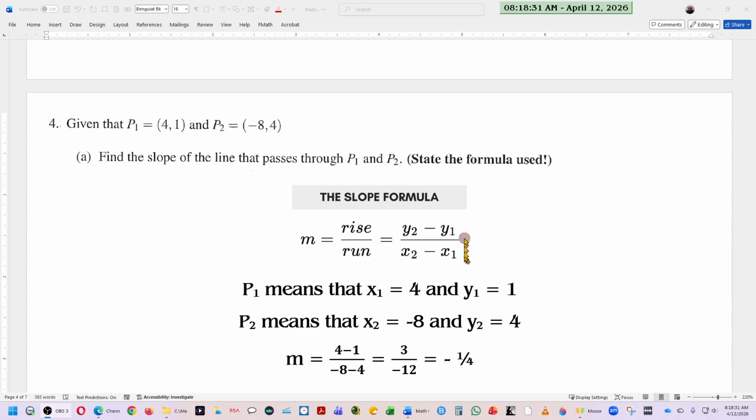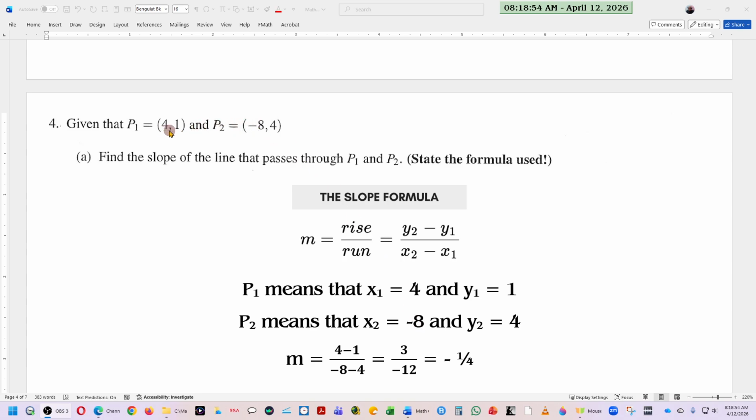Now, if you mix these up, don't cry. Just make sure that you have the twos together and the ones together, which means the first position here for x is 4. So that's why x1 is 4. And the first position for x in this is minus 8. So that's why x2 is minus 8.